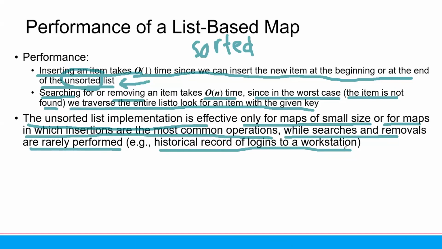If it is only to capture or record all your login operations, then you can use a map, because maybe I will not search too much about your login information. If it is necessary, then I can search, or if I need to remove your login information, then I can. But it is very rare. So you can use a map for that purpose.